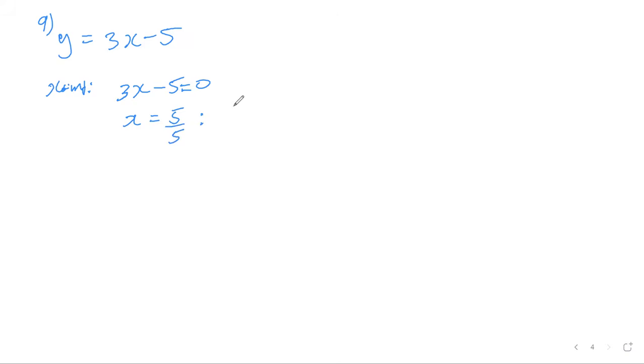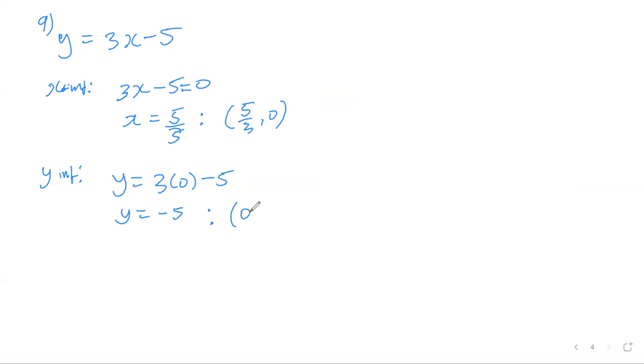So it's the point 5/3, 0. And the y-intercept is obtained by setting x to 0 and solving for y. So y is -5. So it gives us the point 0 on the x, -5 on the y.